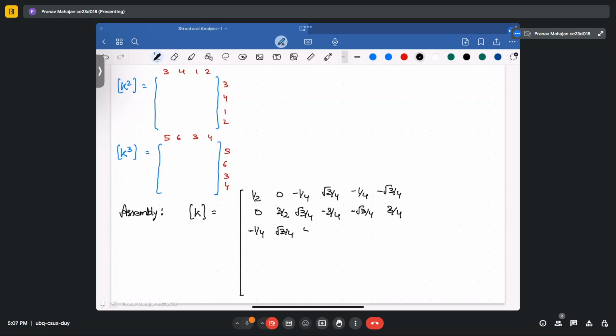Now for each and every node, you have to see what value you will get there, and based upon that value only, you need to insert at that particular location.